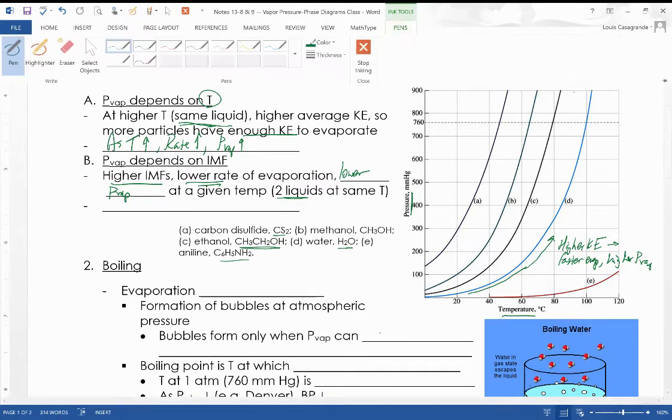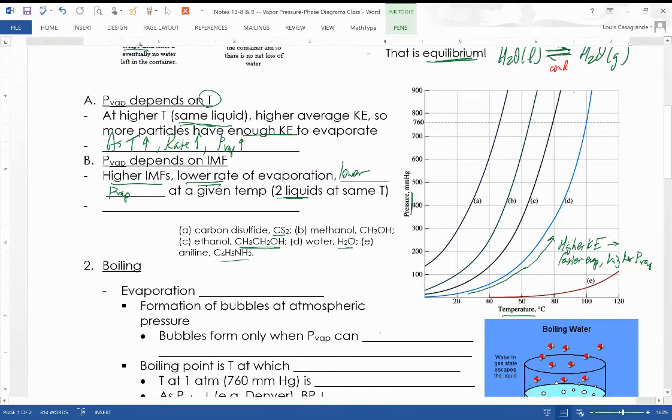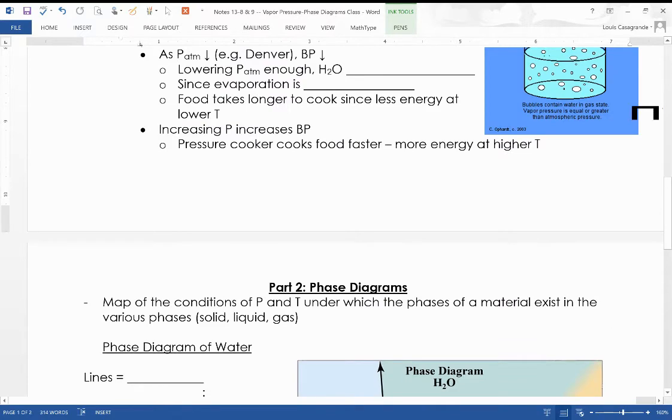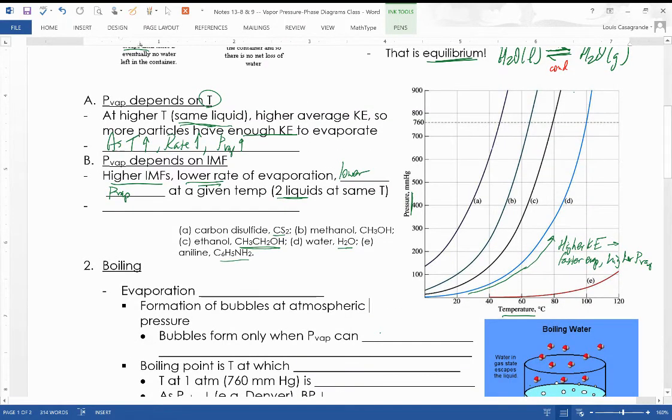So I'm going to draw a line here, starting with A. Let's say at 40 degrees C, we have a vapor pressure of A just above 600 millimeters of mercury. That's because A has weak intermolecular forces. So high vapor pressure means weaker IMFs.